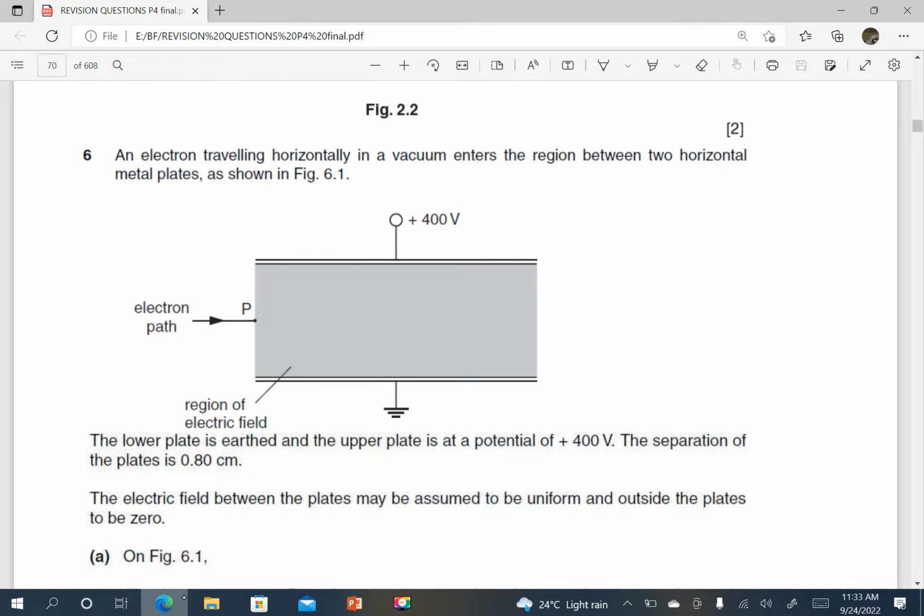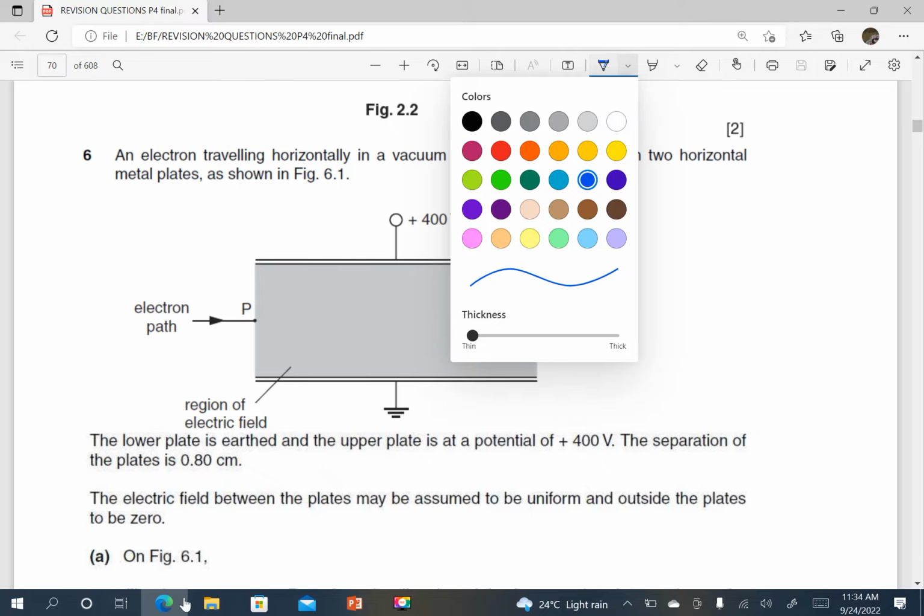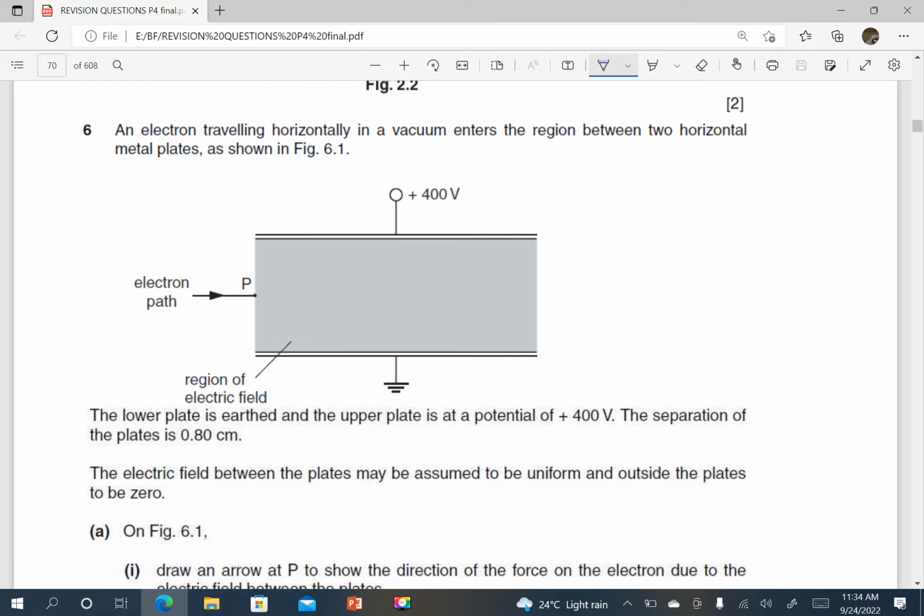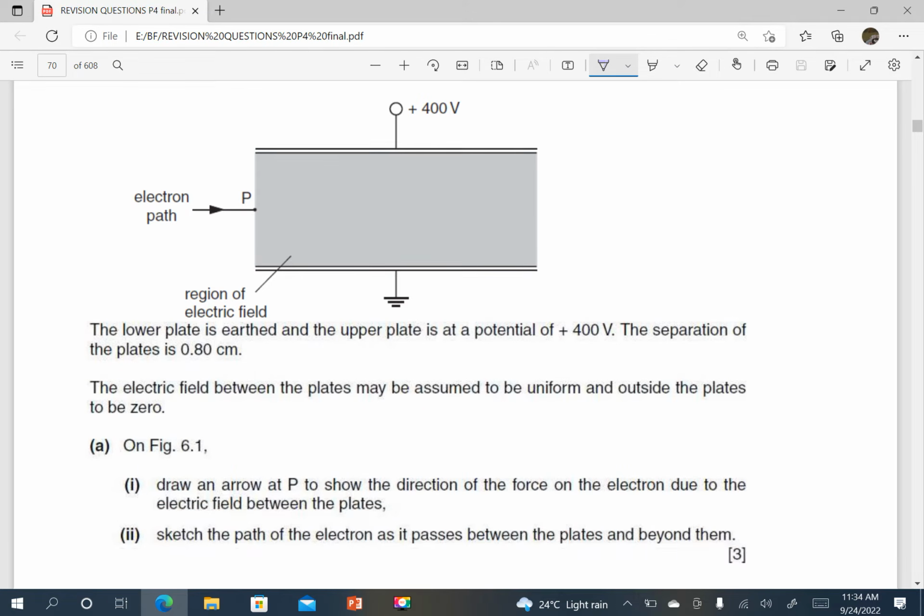So yesterday we were supposed to continue with this question here. So I want us to start directly from this point. An electron traveling horizontally in a vacuum enters the region between two horizontal plates as shown.